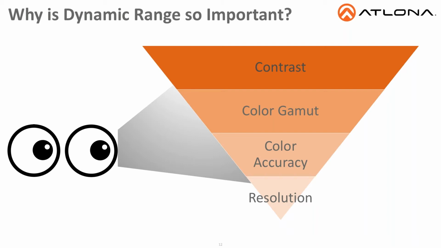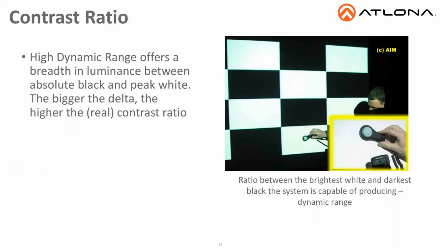In fact, resolution is down at the bottom, based on viewing distance or even size of the display. The resolution has minimal impact as opposed to the contrast that's in a display. So what is contrast ratio? We've all seen this, right?